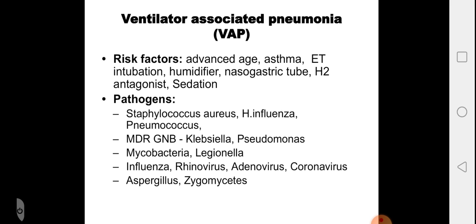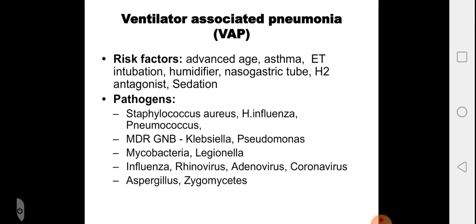Let us move on to ventilator associated pneumonia risk factors. The risk factors are advanced age, asthma, ET intubation. What happens when you put an ET tube for mechanically ventilating a patient? You have to either do a tracheostomy or put an endotracheal tube. So when you introduce an endotracheal tube, this tube itself is a source of infection.